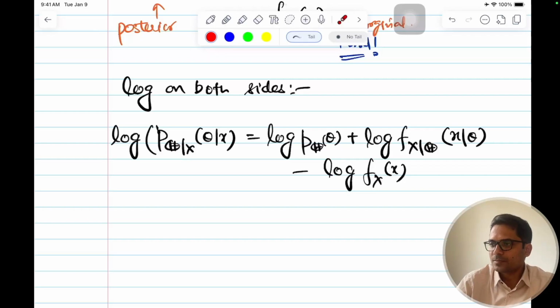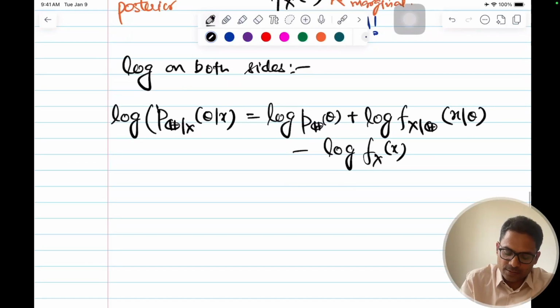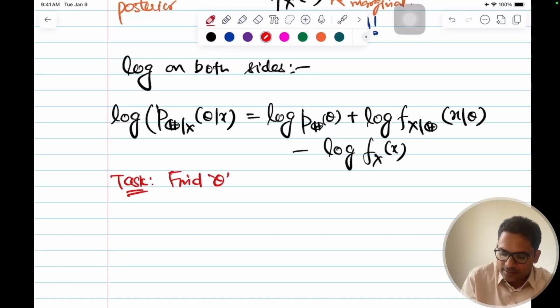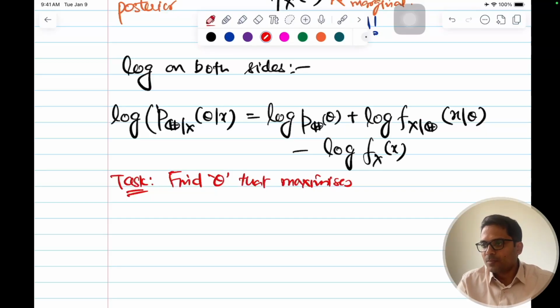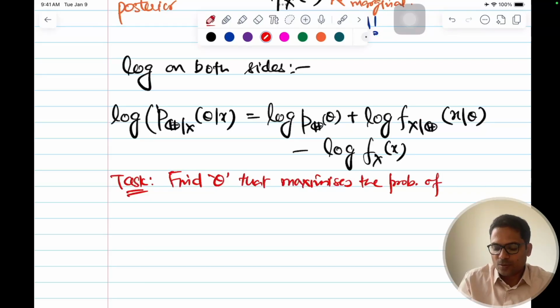Okay, and the task is to find the theta that maximizes the probability of observing the data.